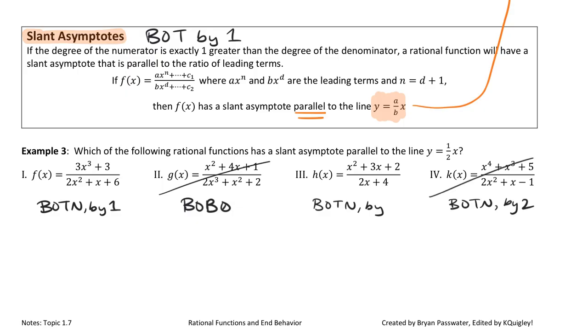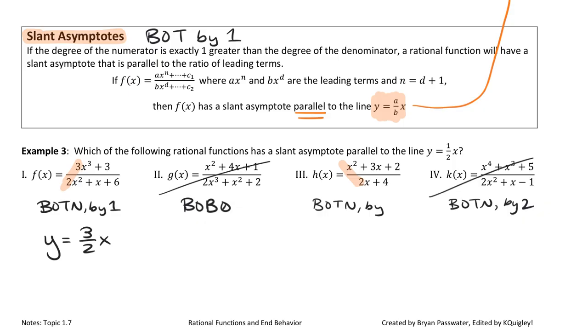So look, I already have it down to 2 answer choices that are possible. All we need to do is think about the behavior of the slant asymptote. The behavior of the slant asymptote is going to come from those leading coefficients here and here. If this one has the same behavior, it would be parallel to the line y equal to 3/2x.